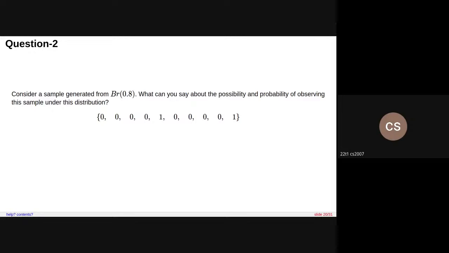What is the answer for this? Did you understand what possibility and probability are? They are two closely related terms.